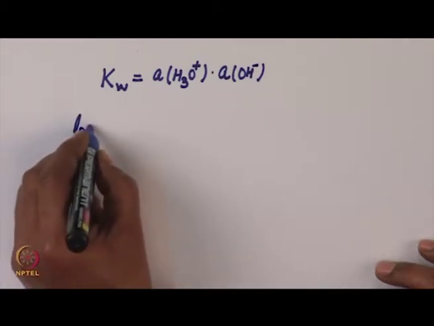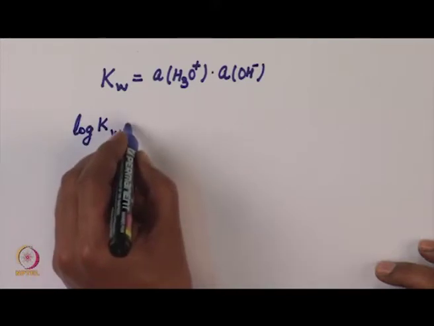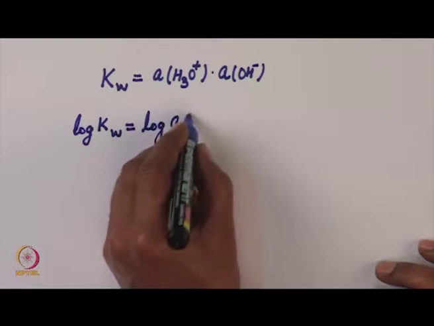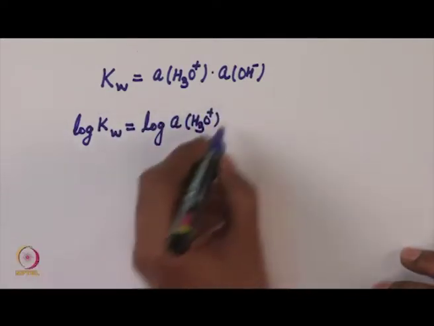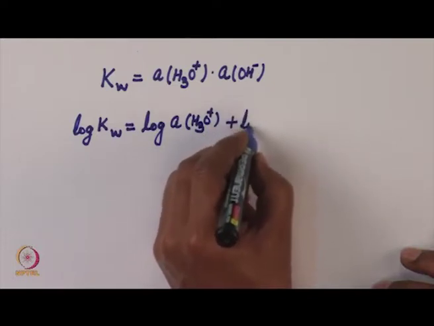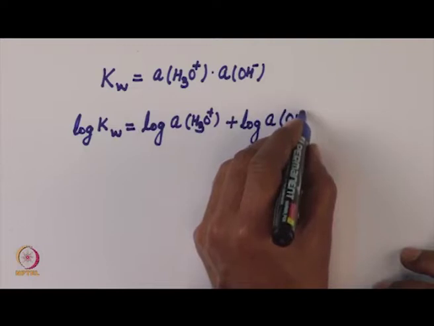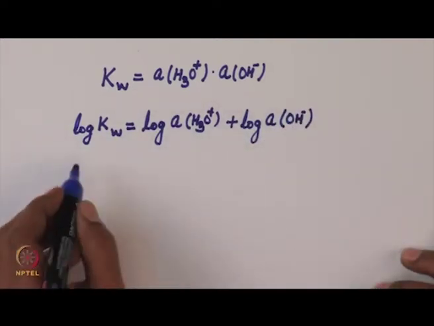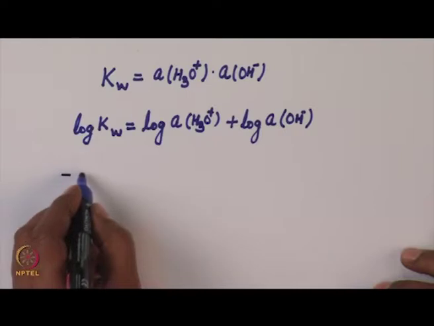into activity of OH minus. Let me take log base 10: log Kw is equal to log activity of H3O plus plus log activity of OH minus. And let me introduce a negative, multiply both sides by the negative sign.